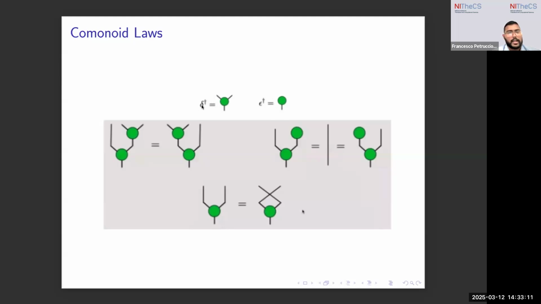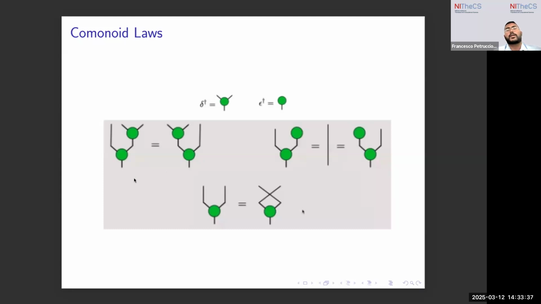I've called these delta dagger and epsilon dagger for a reason, which I'll explain. But essentially, this is simply an operation from A to A tensor A, and this is simply an effect, A to identity, because there's nothing coming out. Again, these are the exact same laws, just flipped 180 degrees. So this is dual to the previous slide.